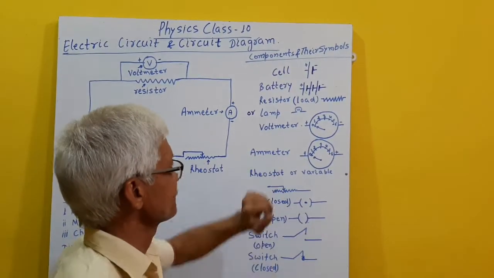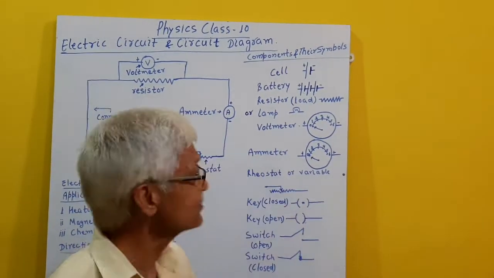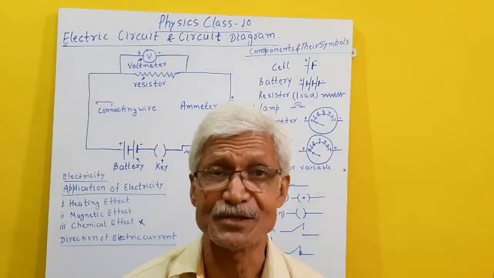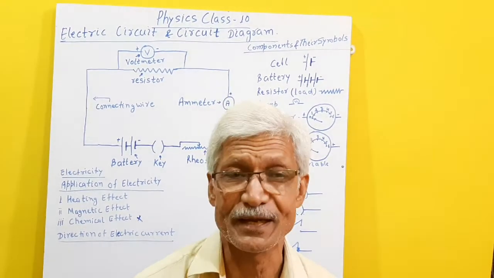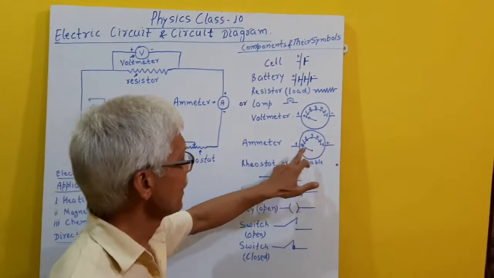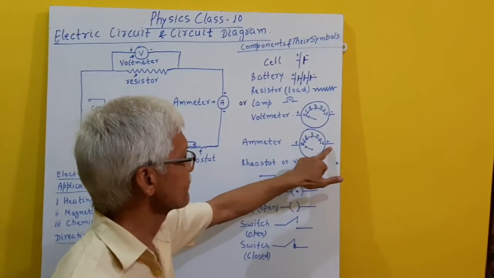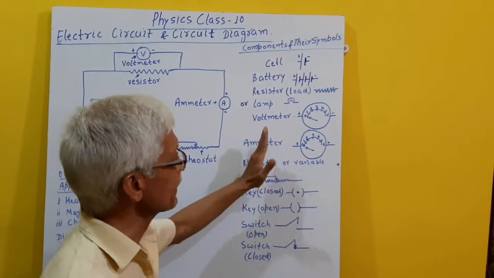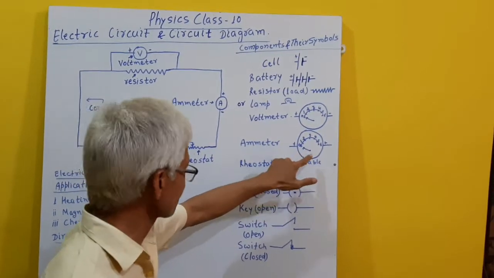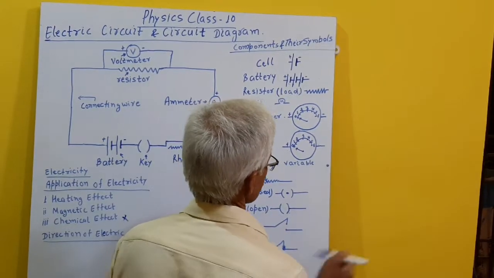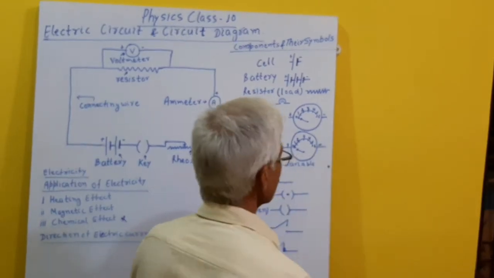Now, the ammeter. An ammeter is an instrument which is used to measure the electric current in the electric circuit. It also has two terminals, positive and negative. Through the positive terminal, the current enters the ammeter, and from the negative terminal, the current exits.